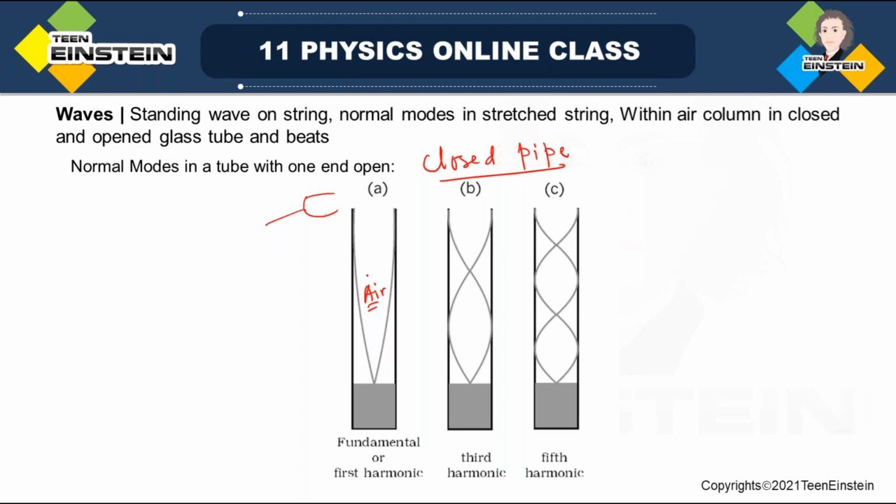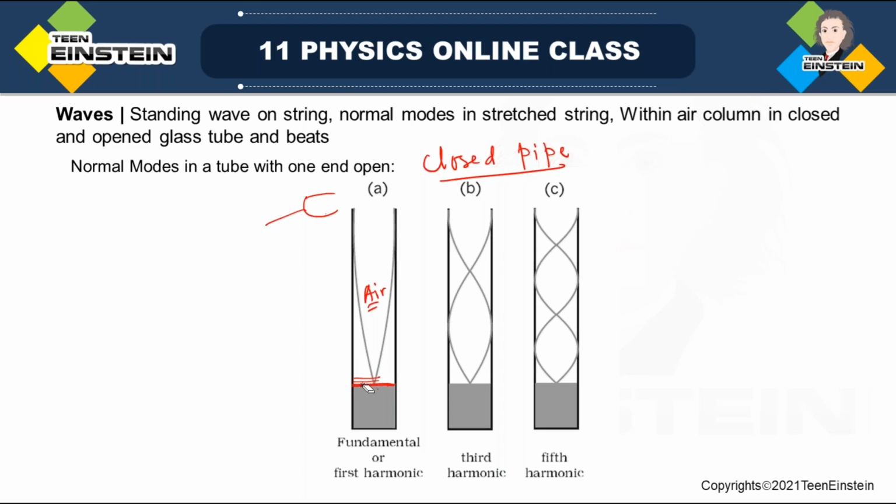Okay, so when we pour some water, this end will act as the closed end. That means the air column over here, when the sound wave is vibrated, will have rarefaction and compression.